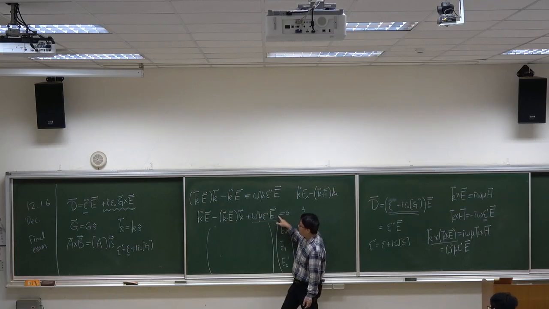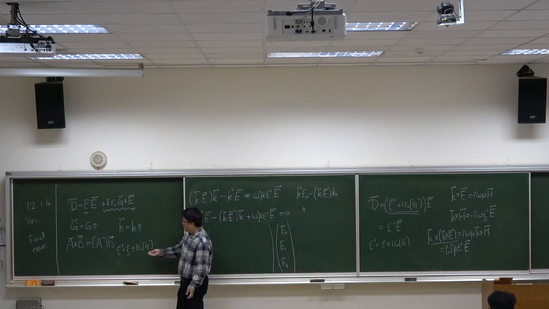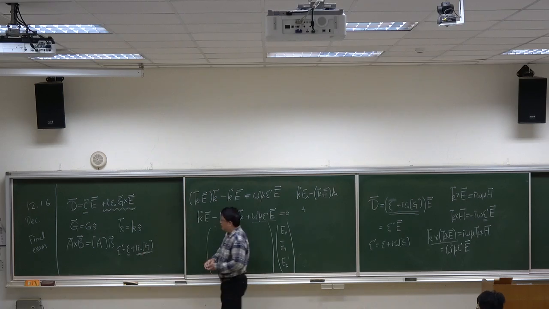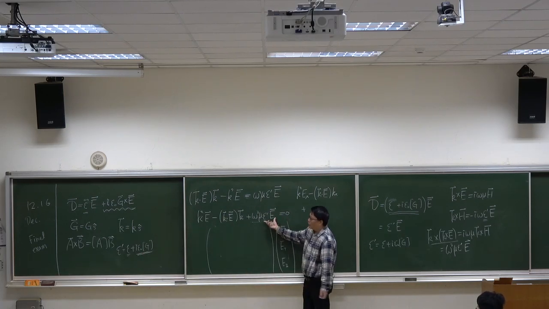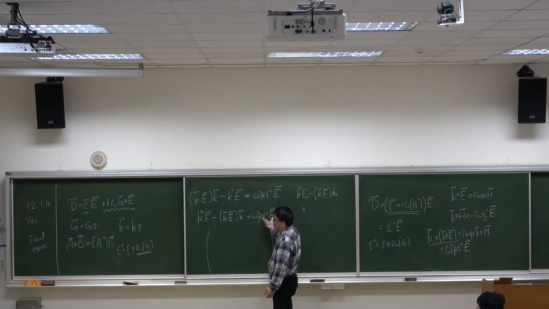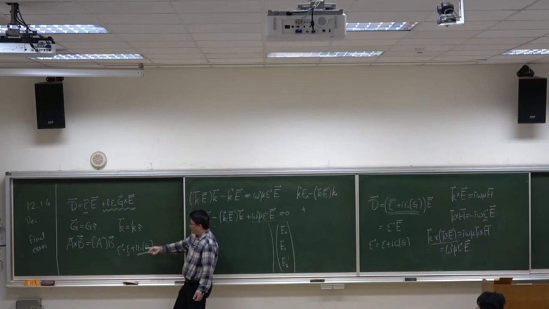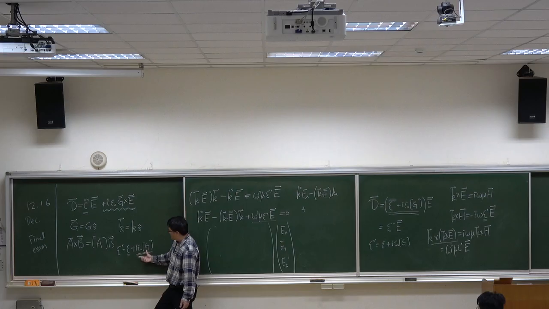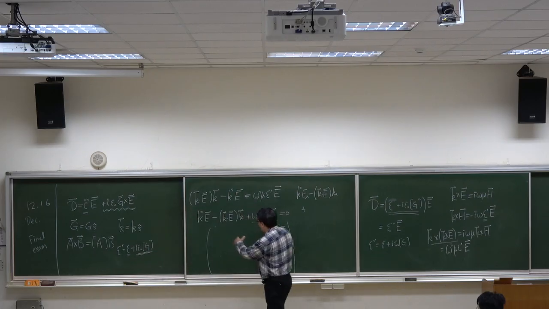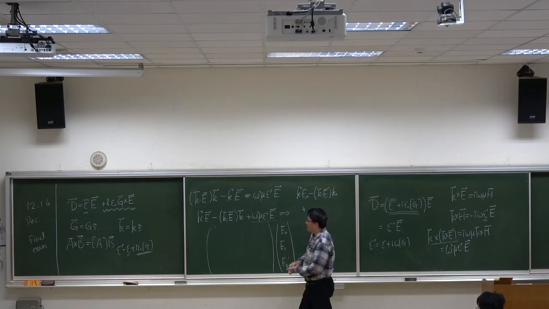Okay. However, now since we have this term, this is no longer as simple as epsilon x times Ex. Instead, we have a correction term here. So this becomes more complicated.